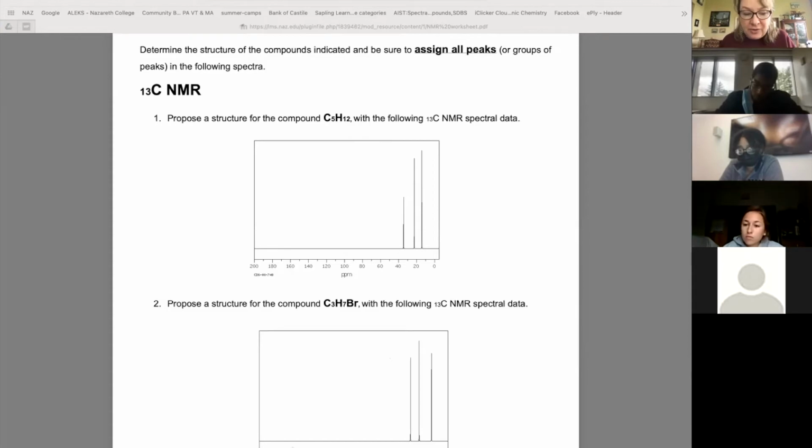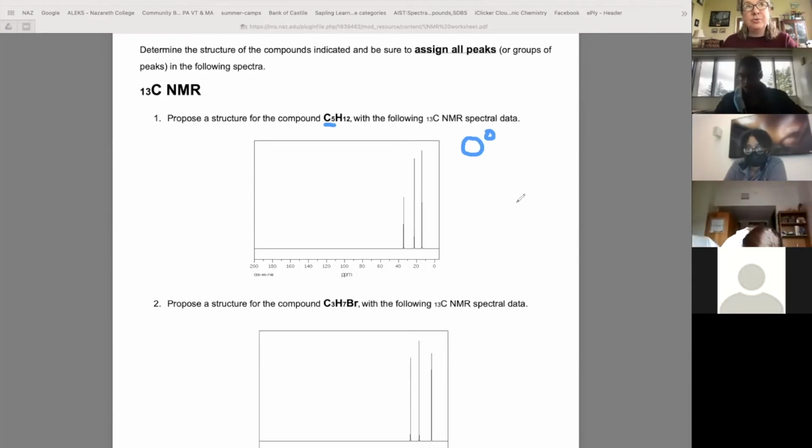If you figure out the degrees of unsaturation, what's that? 5 times 2 plus 2 is 12.